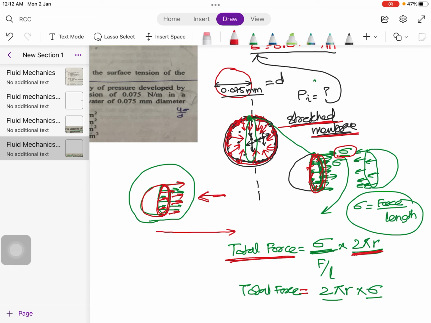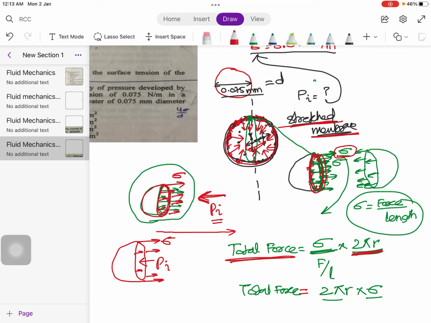And this force, which is acting opposite to the direction of the force of this surface tension, is due to the inside pressure of this water droplet. That means there is an inside pressure in this water droplet which is balancing this force of surface tension.